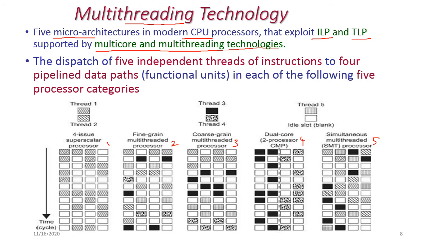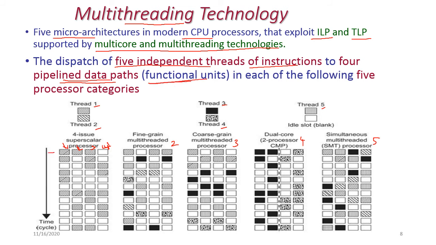And here we have 5 independent threads: thread 1, thread 2, thread 3, thread 4 and thread 5. 5 independent threads of instructions go to 4 pipelined data paths: pipeline 1, 2, 3, 4. So all the processors have 4 pipeline data paths, which is otherwise called a functional unit.